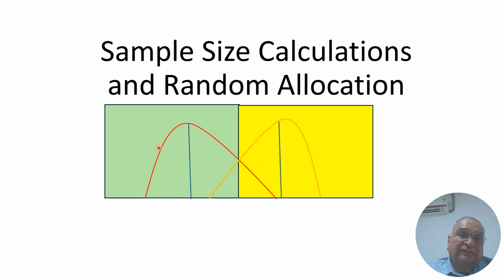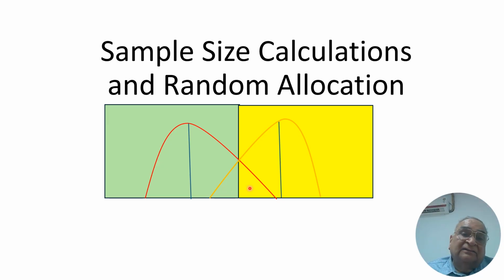Same way, so this is called dispersion, and this dispersion around the central tendency can be measured by a range, by a standard deviation, by a confidence interval, or by an interquartile range, means 25% are below and 25% are above. Now you see that if we have a higher sample size, this curve would become much more peaked as compared to this, and the area of intersection would decrease.